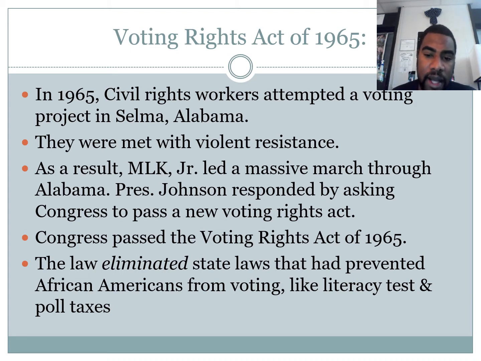President Johnson responded by asking Congress to pass a new Voting Rights Act. Congress passed the Voting Rights Act of 1965. The law eliminated state laws that had prevented African Americans from voting, like literacy tests and poll taxes.